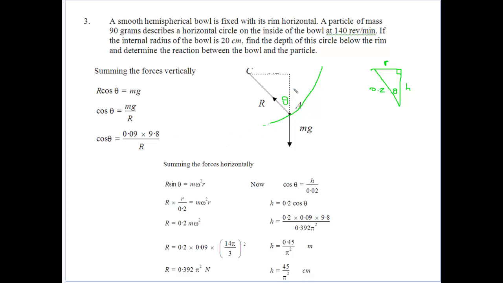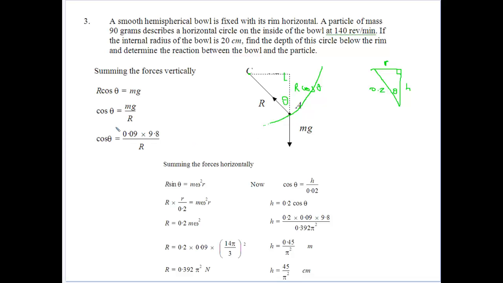Well, we know again that we've got a reaction going against the bowl there, back up towards the center of the circle, or center of the hemispherical bowl. We know we've got mass and gravity acting there, so that would be r cos theta. So if that's r cos theta, that would be equal to mass times gravity acting there, because we've drawn a right angle triangle at that point.